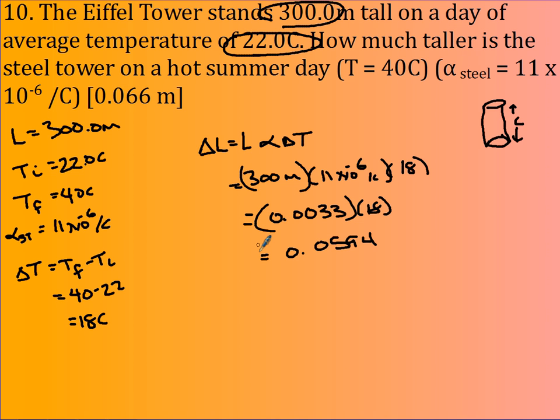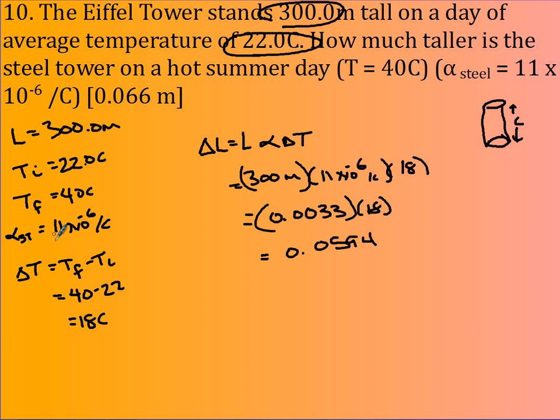Now, let's see. Did I do something wrong or did I use the wrong number? You never know, because that's different from this number here. It may just be wrong. L is 300, 22 to 40, 11 times 10 to the negative 6. 40 minus 22 is 18.